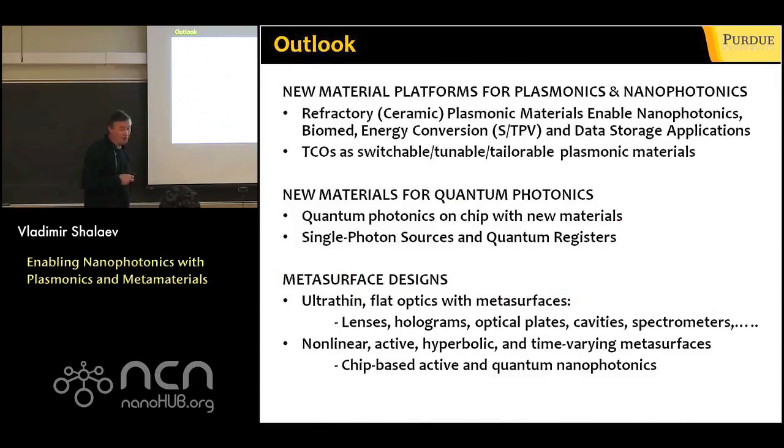So let me sum up these last three lectures, where we discussed various material platforms and their applications in the realm of plasmonics and metamaterials. So, new material platforms for plasmonics and nanophotonics. We considered in detail these refractory or ceramic plasmonic materials. And we showed that these materials could enable very important applications.